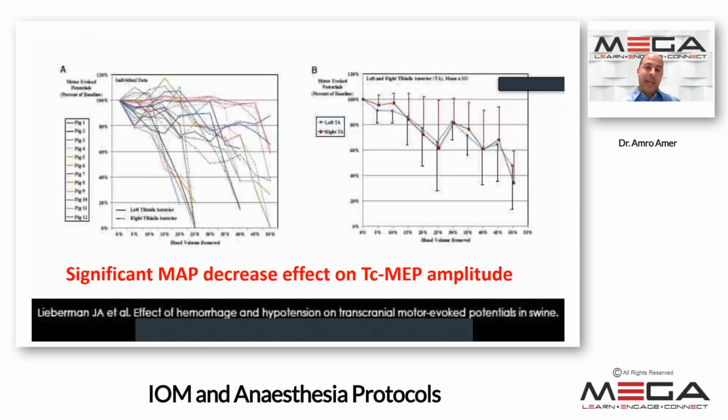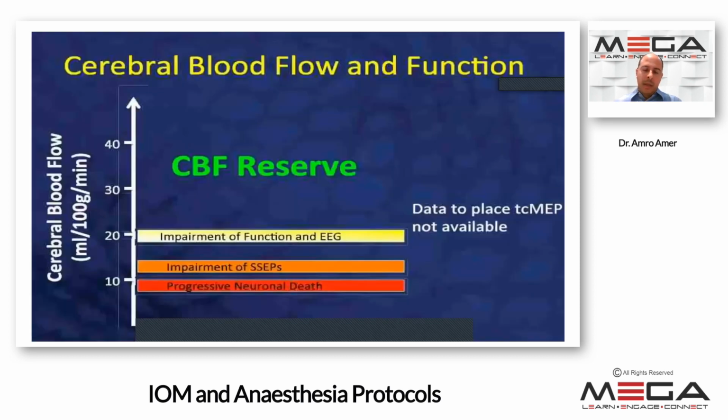As you can see here, there was a study done that showed the effect of MAP decrease on the motor evoked potential amplitude over time. Of course, if cerebral blood flow goes below 20, the EEG will be affected. Then if it goes below 12, the sensory will be affected.